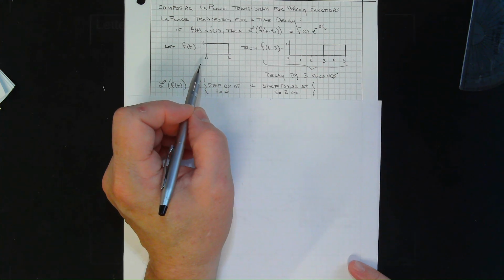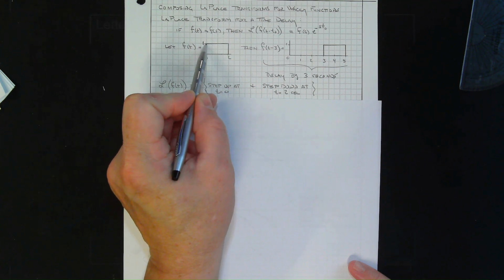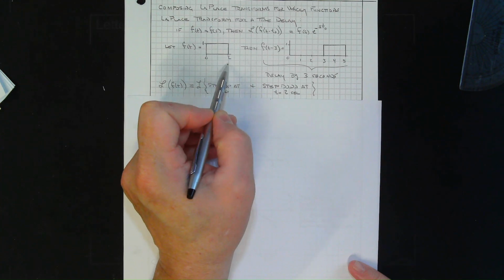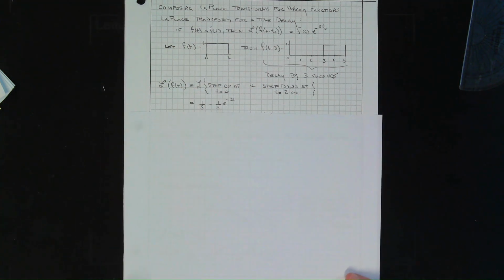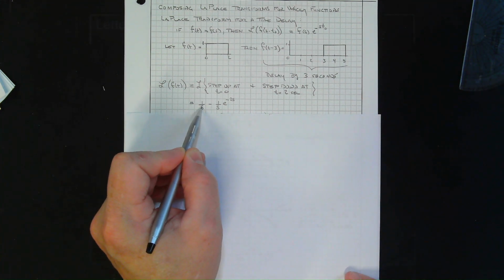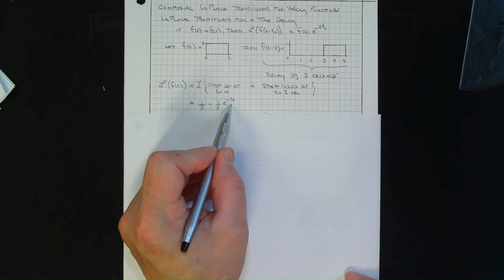They go on forever. So to make this, I need two step inputs. I need a step up happening here and a step down equal to this height at 2 seconds. That's what this says. I have a step at time 0, and I have another step input that happens 2 seconds later.